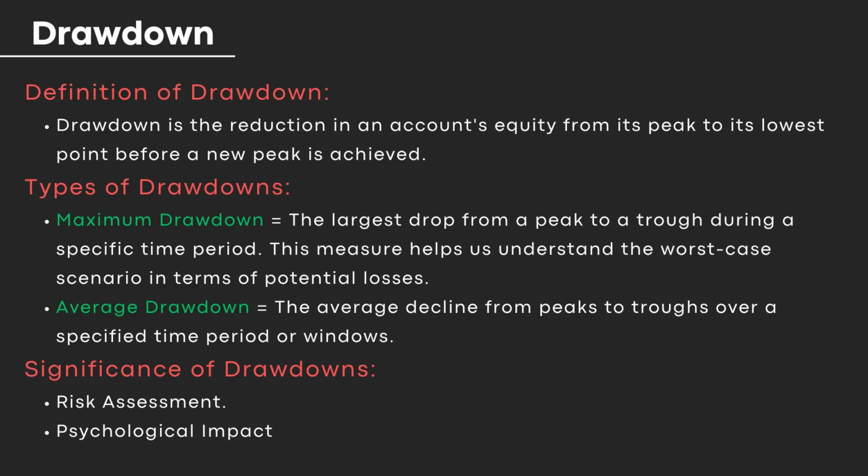And then we've got average drawdowns, right? Which looks at the average decline from peaks to troughs over a set time frame. The peak is basically the highest point, and the trough is the lowest point, or basically your winning streak or losing streak. It helps give you a sense of what your typical losing streak looks like.